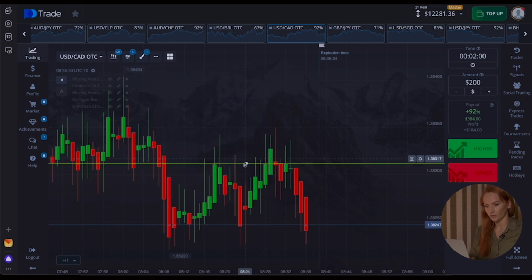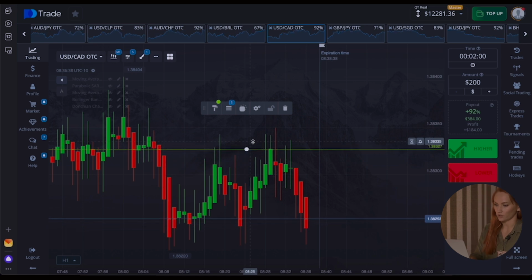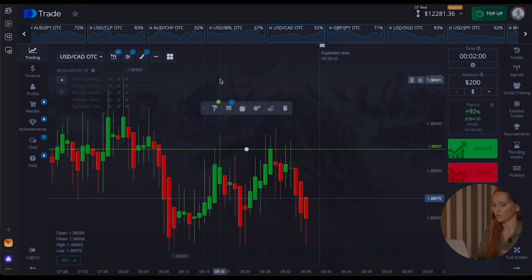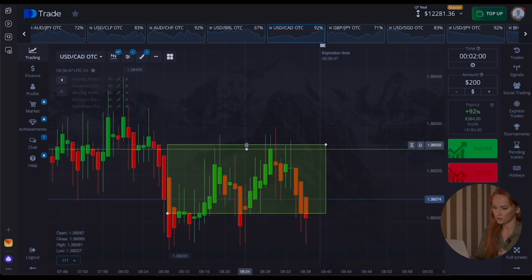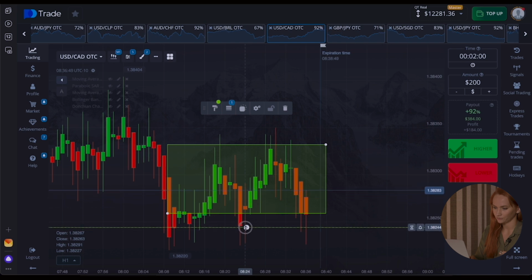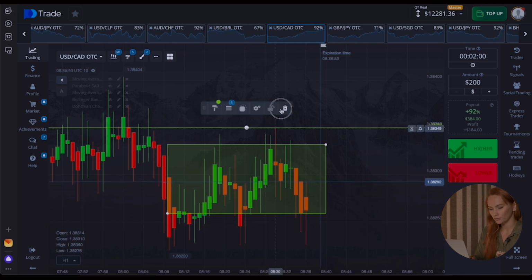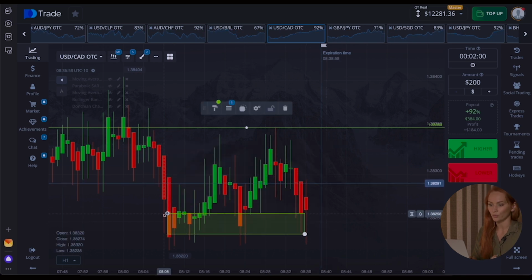Look at this movement. We now have a new maximum, an extremum point. Let's look at the minimum. This is the minimum we will have.